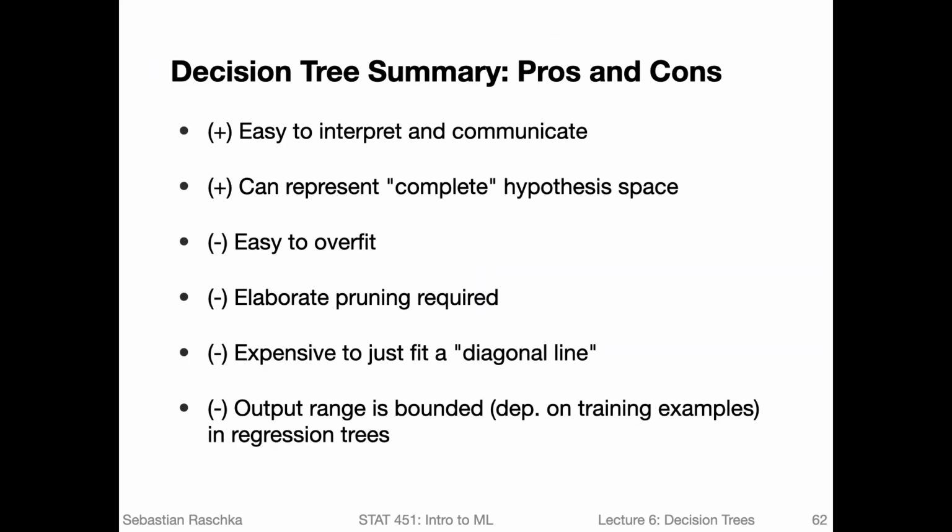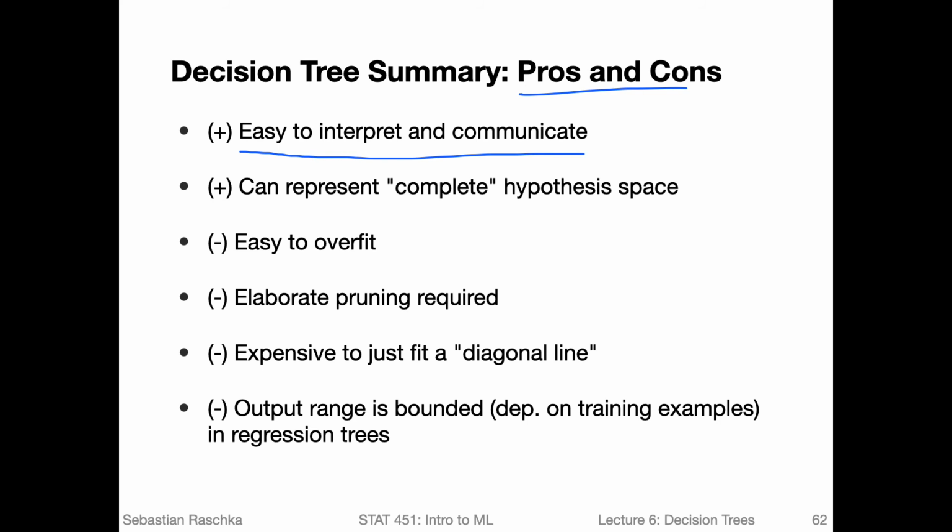Okay, so to summarize everything we learned so far about decision trees, focusing on the pros and cons. One nice aspect about decision trees is that they're easy to interpret and easy to talk about. If you have collaborators and you work on a machine learning project, if you show them a hopefully short decision tree, it's easy to understand what's going on there, and it's easy to explain how the predictions work.